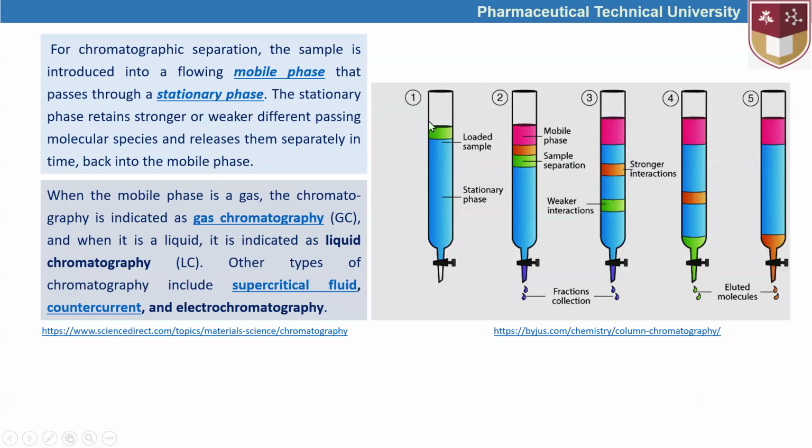Here the extract to be separated is loaded. As time goes by, as indicated in the other four column images, the compounds are separated from each other.